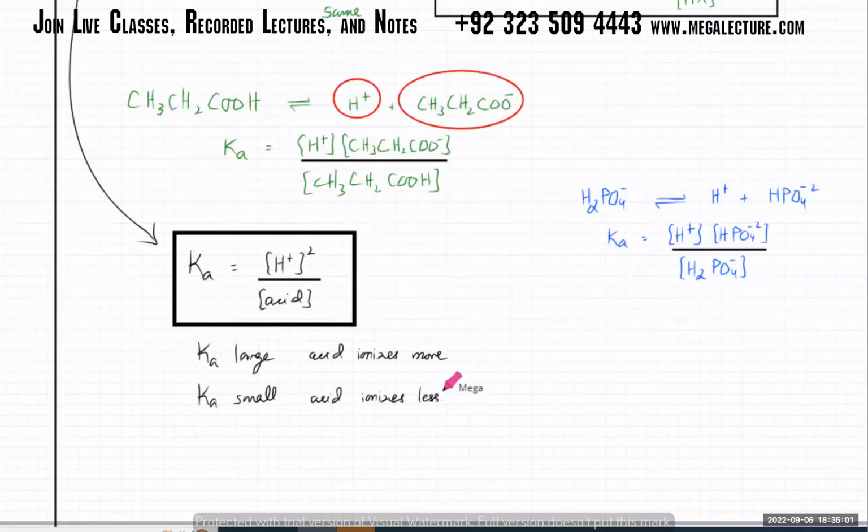So you'll have two things, that either acid ionizes more or acid ionizes less.